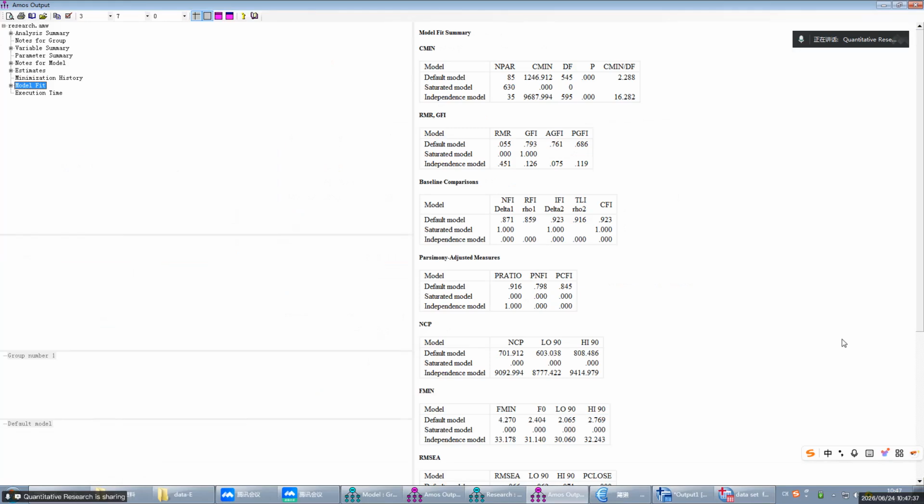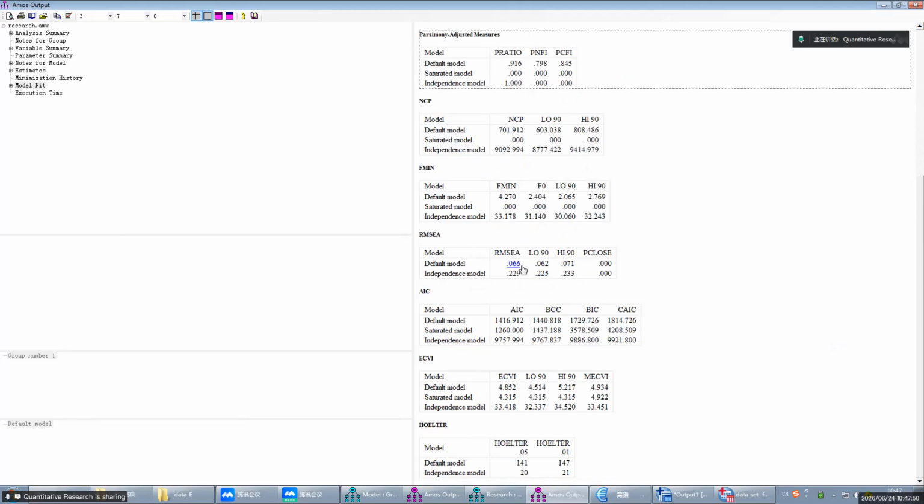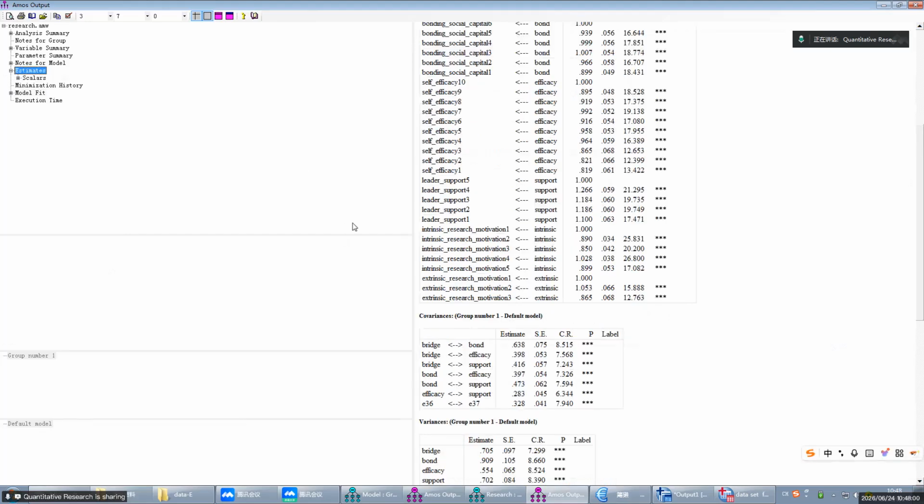CFI is acceptable, right? TLI acceptable, right? Yeah. RMSEA acceptable, right? Yeah. So model data fit, no problems. Now I go to results.